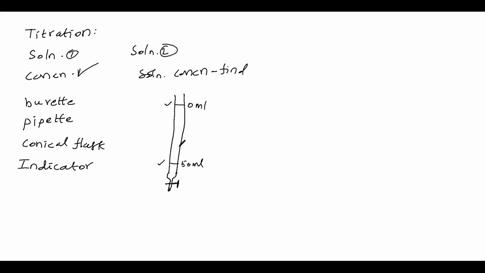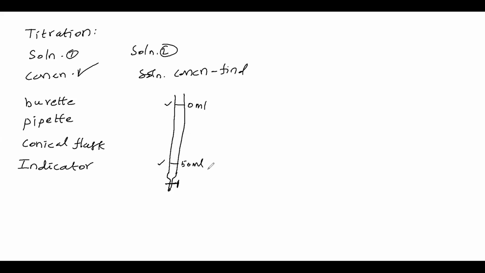Then this 0 to 50 ml is equally divided into 50 divisions in terms of milliliter. So using this burette, we can say how much solution we have consumed or how much solution is to be added.